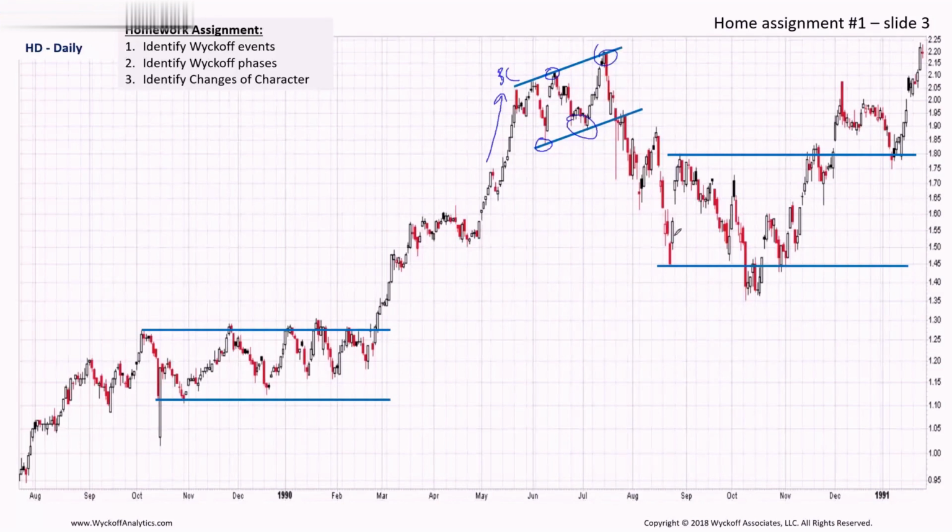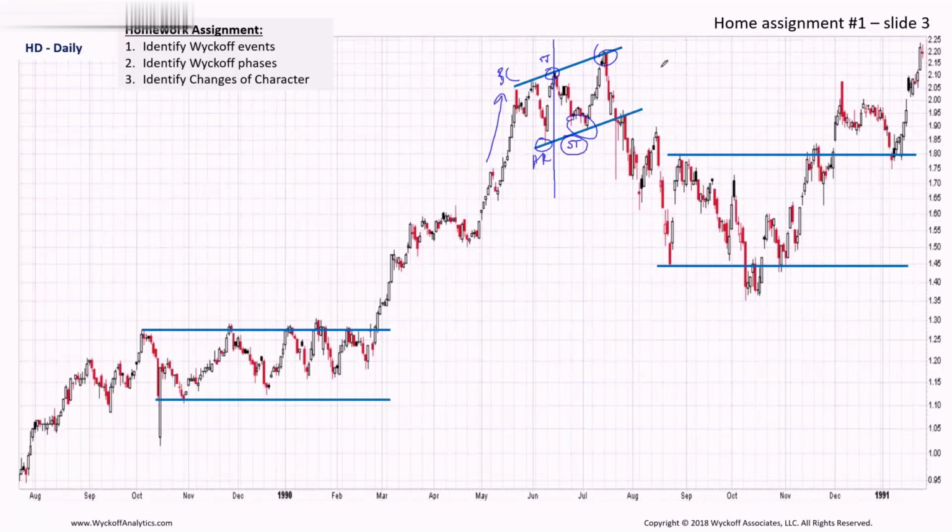The next point would be the automatic reaction, followed by the secondary test, phase A, and then followed by phase B, where the price comes and tests. I could see two small tests. Okay, we see that too. So another secondary area of the secondary test. Okay, so where is our phase C?